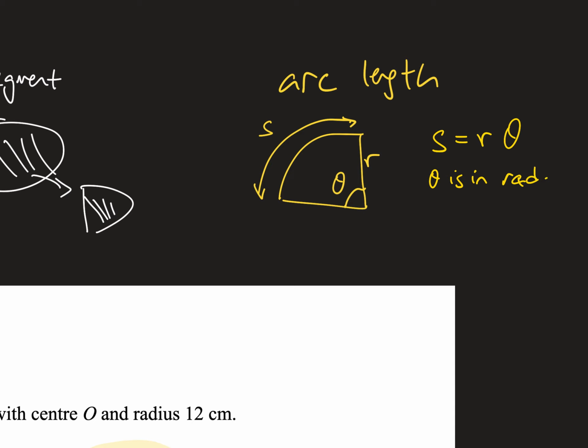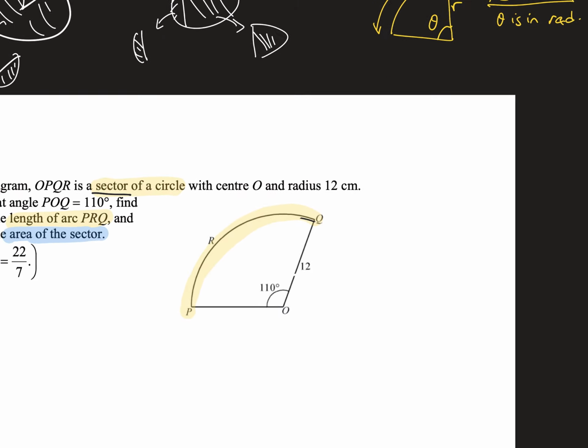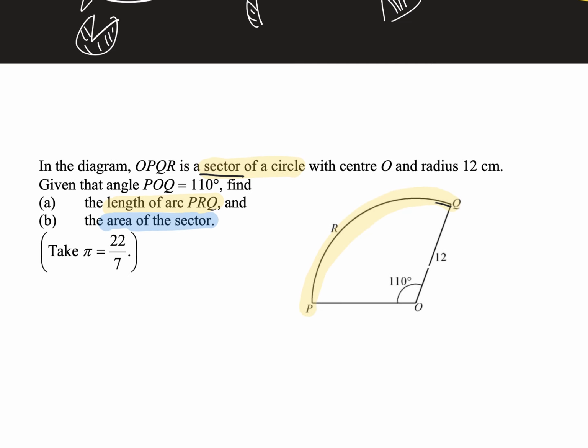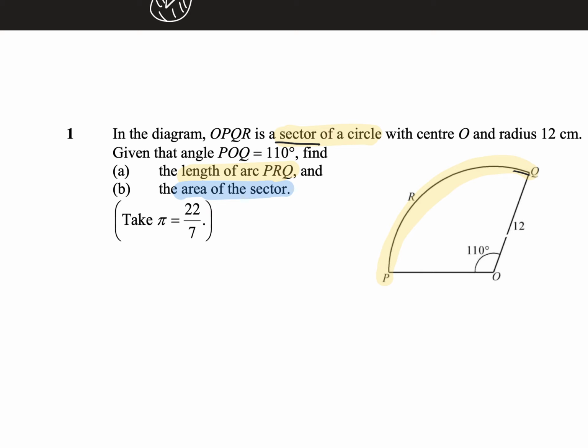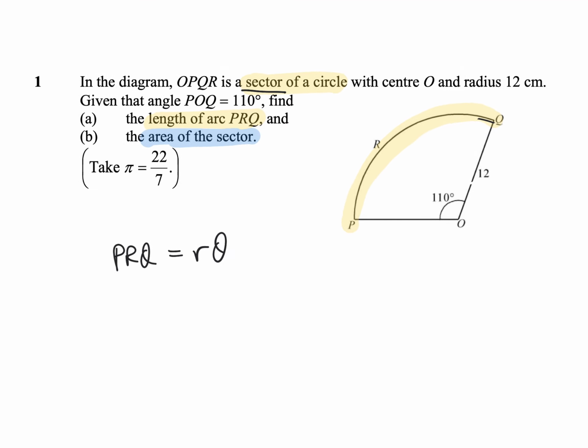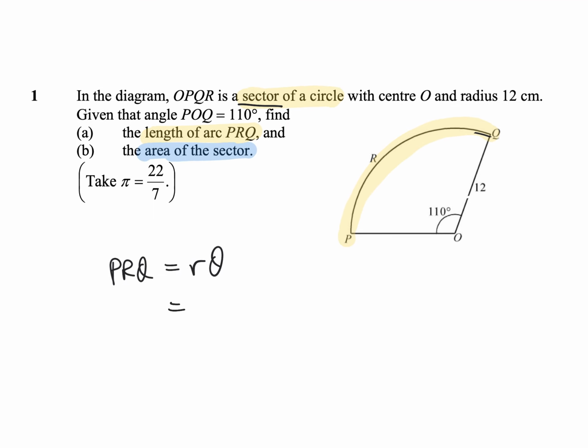And that's as simple as that. If theta is not in radians and is in degrees, then just convert it to radians and then apply this formula for arc length. And so in this case, we're going to find arc length. All we have to do is say that the arc length PRQ is simply R theta, where R is 12 cm.